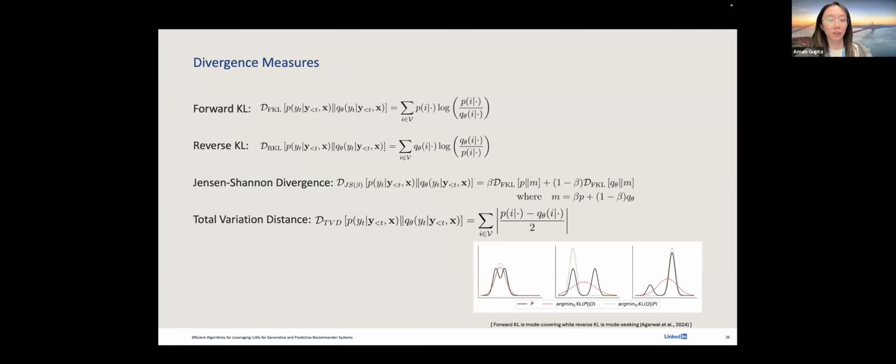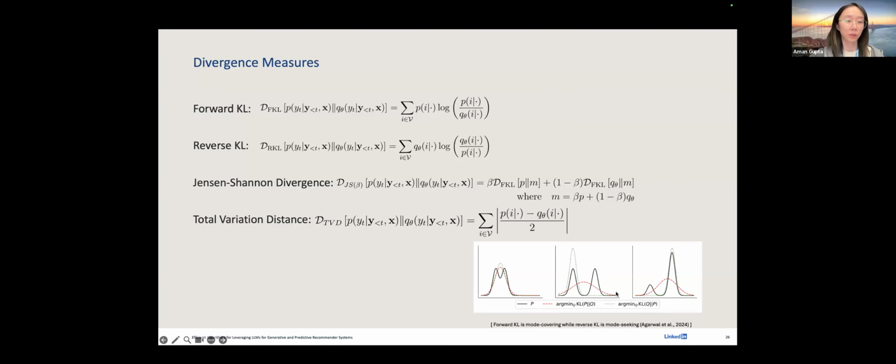If we denote the student distribution as Q and the teacher distribution as P, then forward KL divergence forces Q to cover every mode of P, while reverse KL will let Q concentrate on whichever mode or major mass gives it the smallest penalty and just ignore the others. This can be seen clearly in the diagram below, where the red dotted line is the forward KL, the green dotted line is the result from reverse KL, and the black line is the teacher distribution.